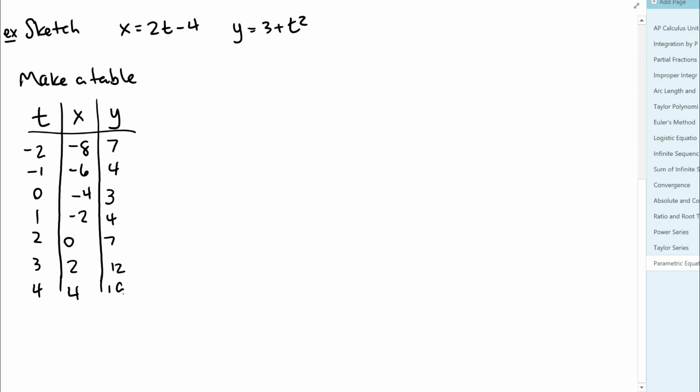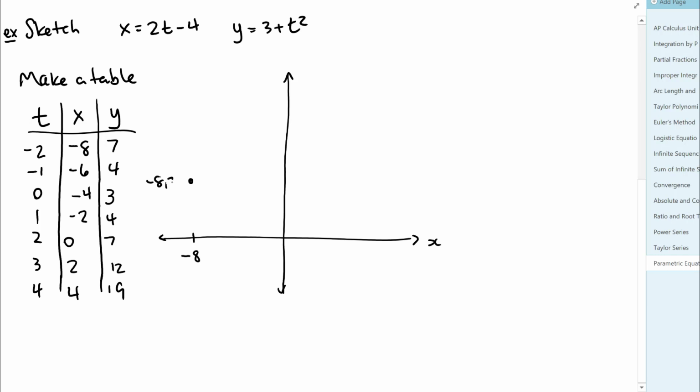So I now have coordinates. So I set up a small Cartesian plane. At negative 8, which I didn't make a coordinate for, but it turns out it's at negative 8, 7 here, and then at negative 4 it's about here, and at 0 it's at 7.